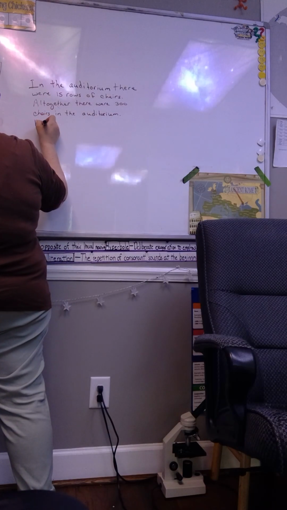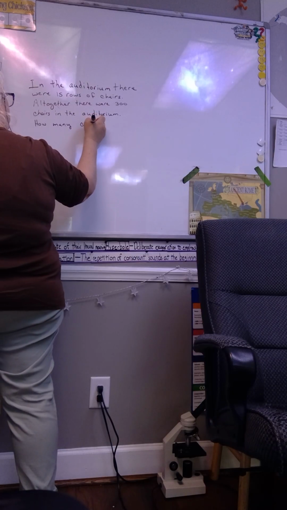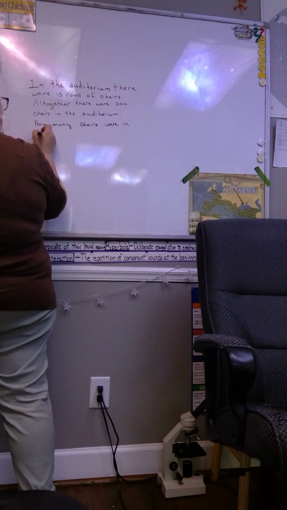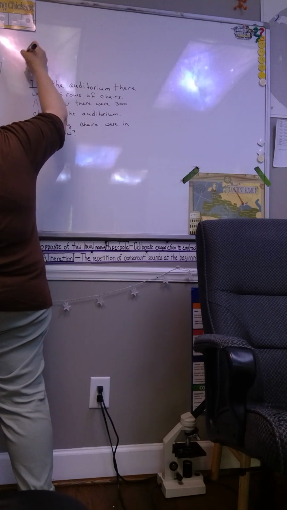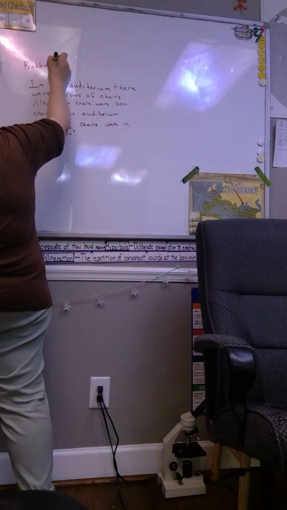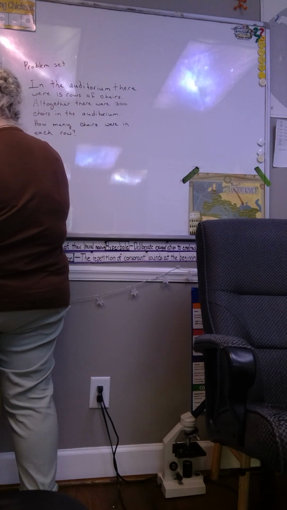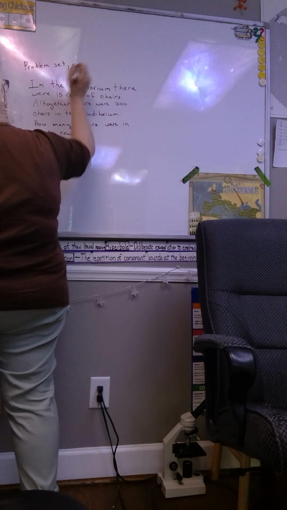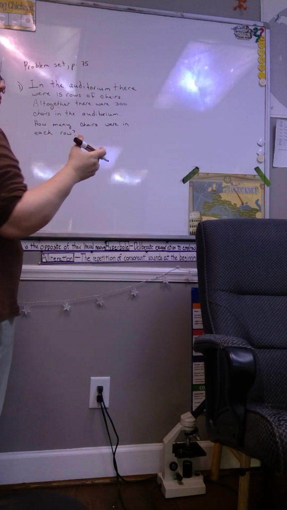How many chairs were in each row? And this is problem set on page 75. And this is number 1. And this is only one option.